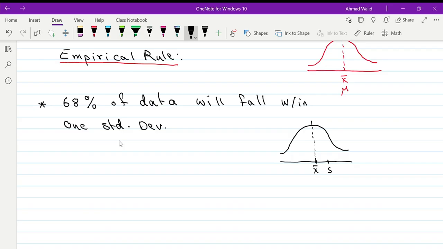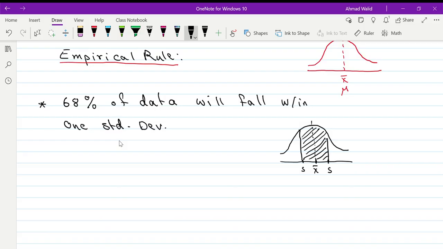If your standard deviation is only one away from the mean on the left side and also here on the right side, correct? It means this area, if I show the area for you, which is a topic of calculus, we cannot explain it too much here because this is the area under the curve, right?